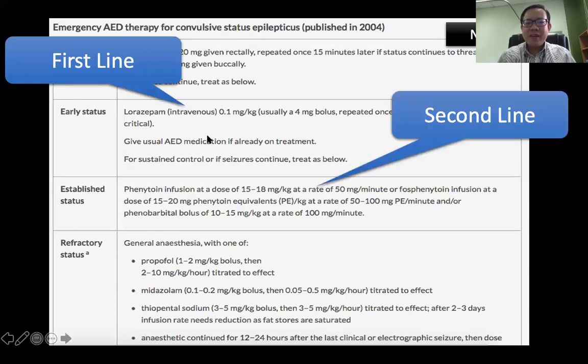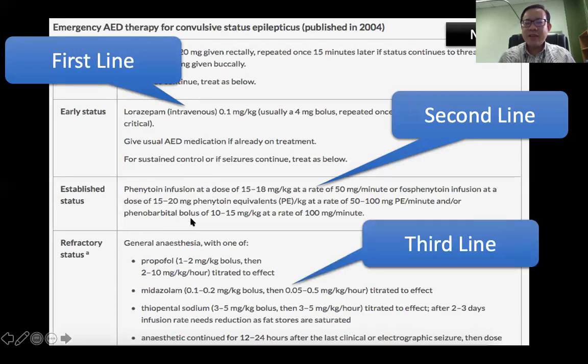Second line using phenytoin. They also propose using phenobarb bolus. And third line is using propofol, midazolam, thiopental, or anesthetic agents. So this is the first, second, and third line of treatment. And remember, first and second line we want to give within 30 minutes or 1 hour as soon as possible.